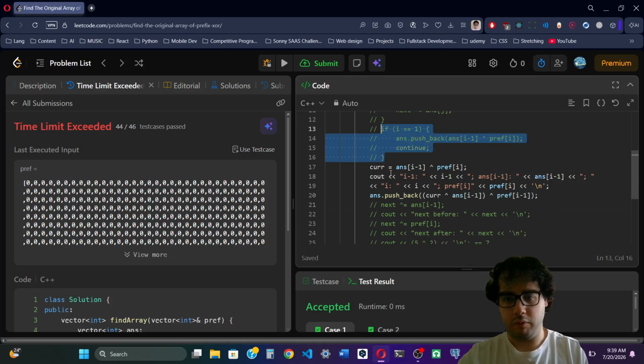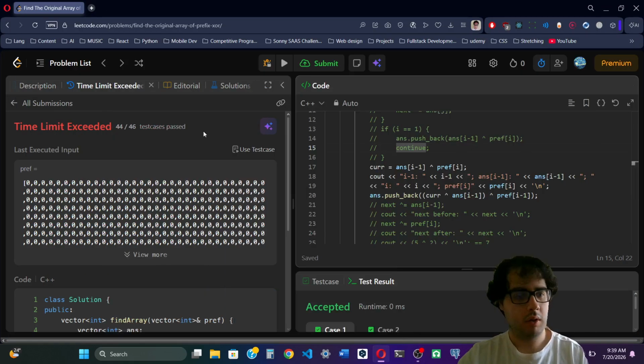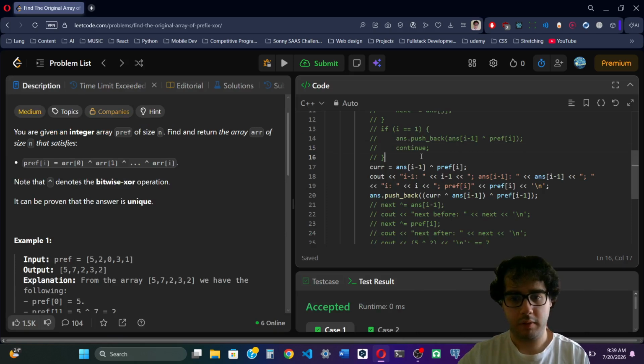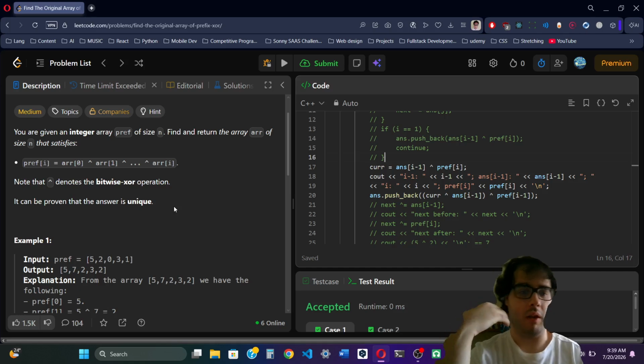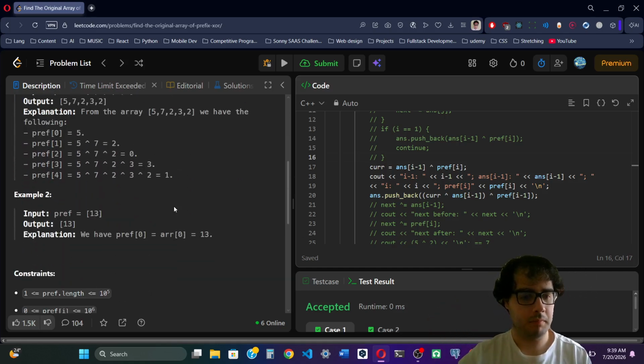I'm starting to debate if I should ask AI for a hint, because I've already spent more than 45 minutes. So I'm debating whether I should ask AI for a little hint.